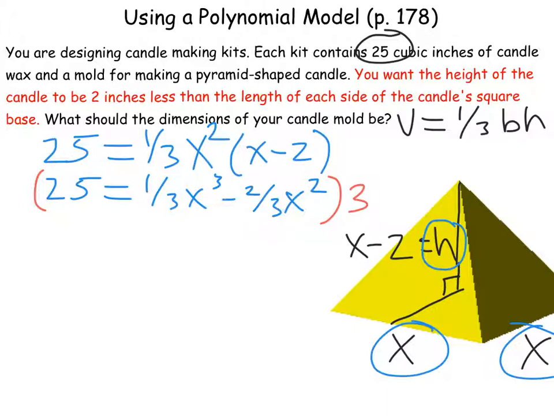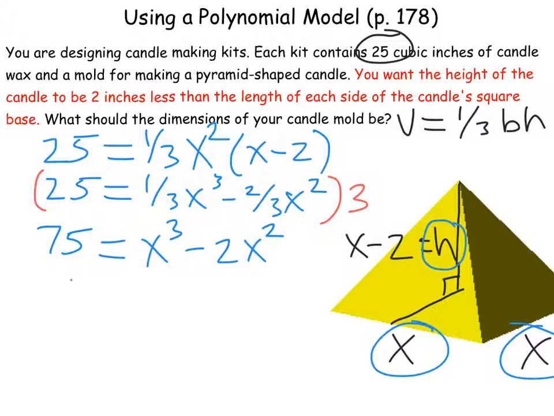So you can assume if you see them, I'm going to give you a way to get rid of them. Like right here, if you multiply both sides by 3, the left side becomes 75. The 1/3 just becomes a 1. The 2/3 just becomes a 2.